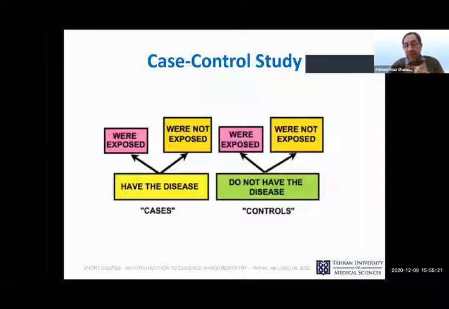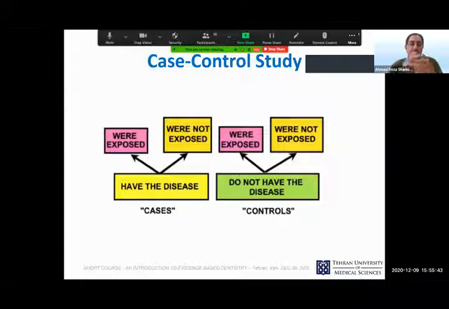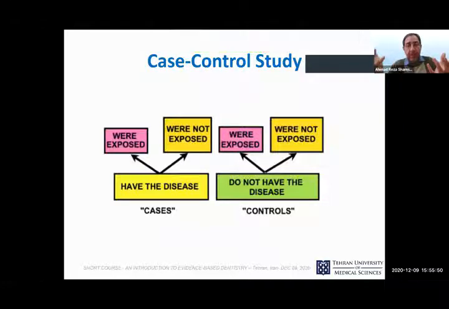In case control studies, we start from the outcome variable, I mean the end of the association, the end of the relationship between exposure and outcome. So the direction of the study is from the outcome to the exposure. Here we have two groups, one group with the outcome and one group without the outcome. And as I said before, the outcome mainly is a disease.